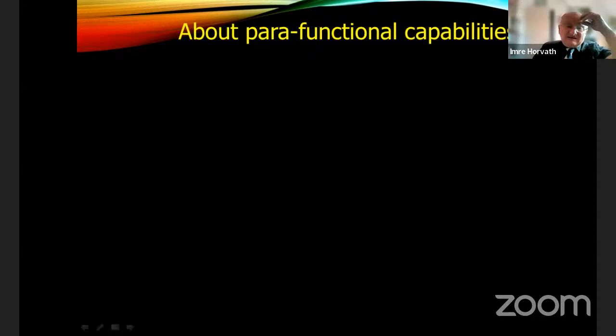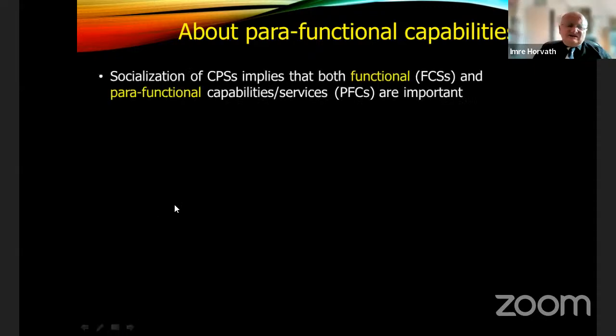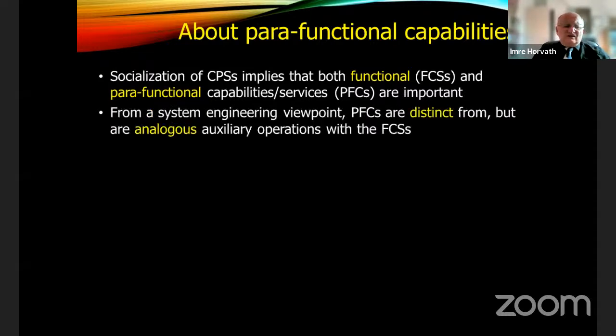Parafunctional capabilities are a new domain of research related to cyber-physical systems. I would like to encourage you to take it up, because if you do research on capturing parafunctional capabilities in cyber-physical systems, for instance emotion or attention or secrecy, you can definitely contribute to cyber-physical system development.